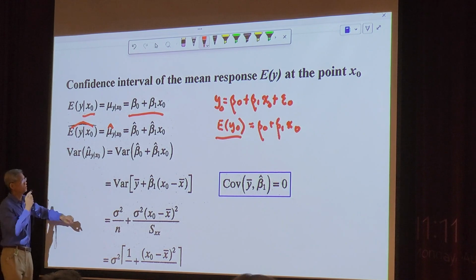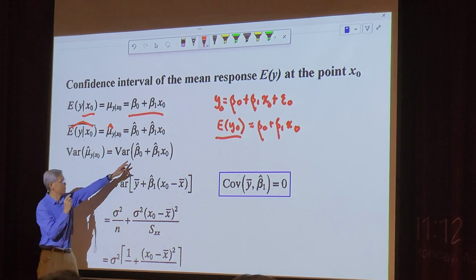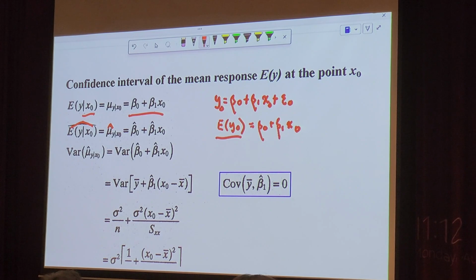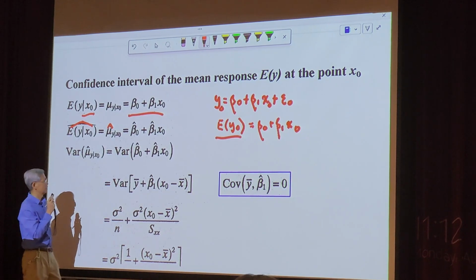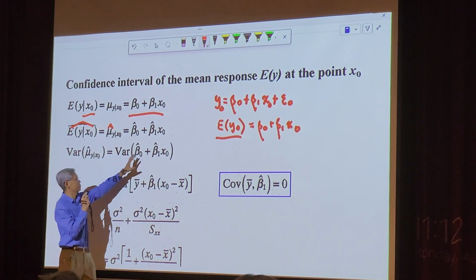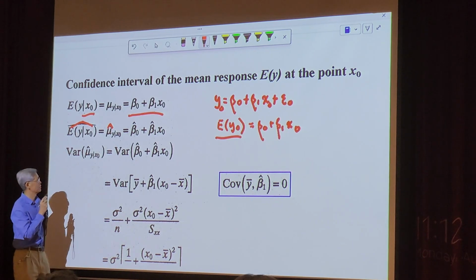So take the variance of this. This is the variance of two quantities. You learned earlier in statistics that if you take the variance of this, you get the variance of beta naught, plus the variance of this, plus the covariance.